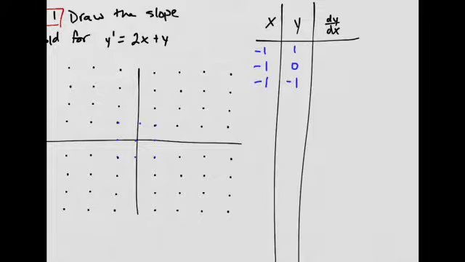I'm just putting the ordered pairs in my table. Now, what am I going to do? I'm going to find dy/dx by plugging them in, because this is dy/dx.